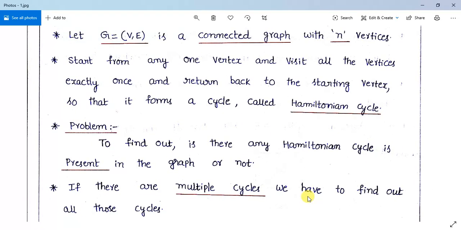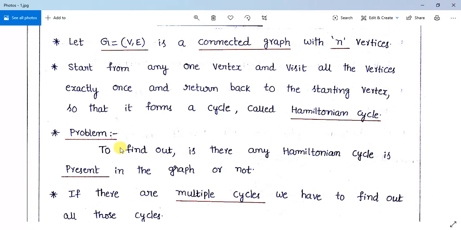What is the problem exactly? We have to find out whether any Hamiltonian cycle is present in a given graph or not.